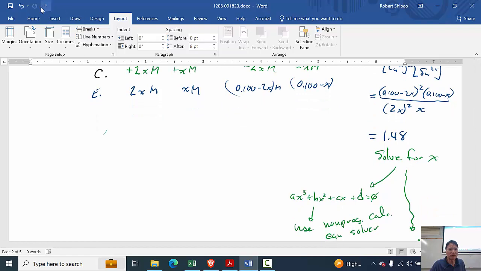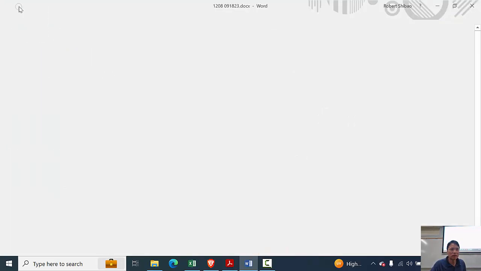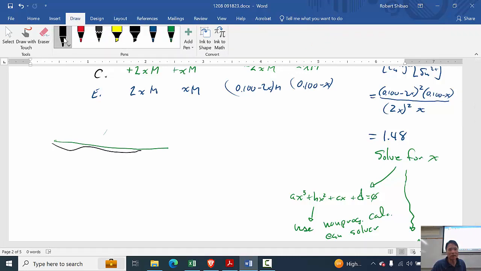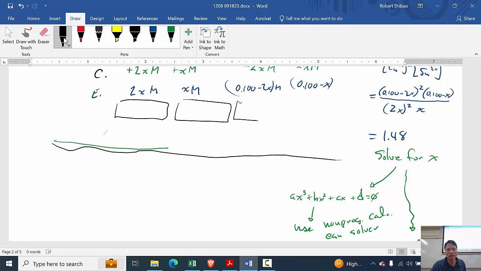All right, I'm going to save some room here. So I'm going to solve for x, and then I'm going to go and calculate all these concentrations. So we want to know what this is. I'm going to use the method of successive approximations.